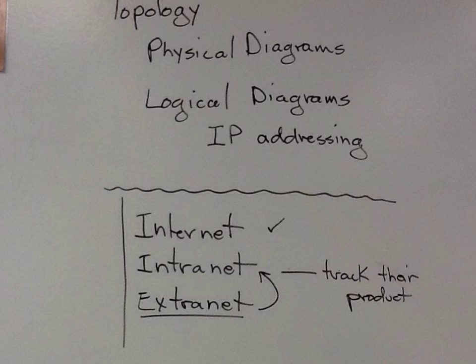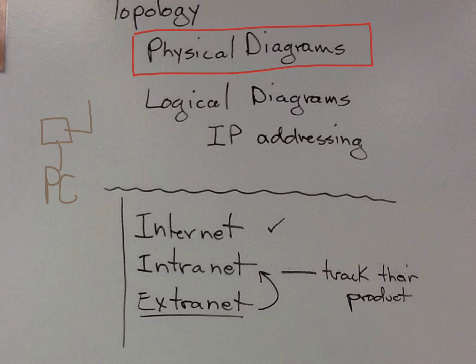A physical diagram would give the specific connections. For example, in the classroom, we have a PC. The PC is connected to a box. That box has a cable, goes up to a patch panel. From the patch panel, there's a cable that literally then connects into the switch.